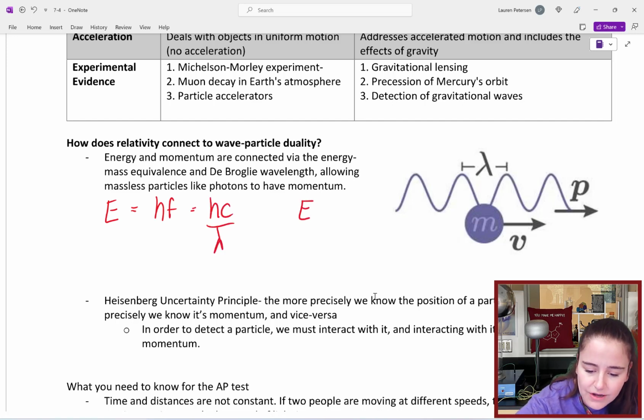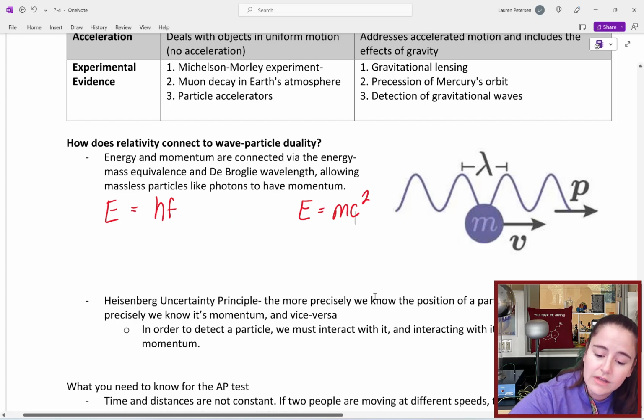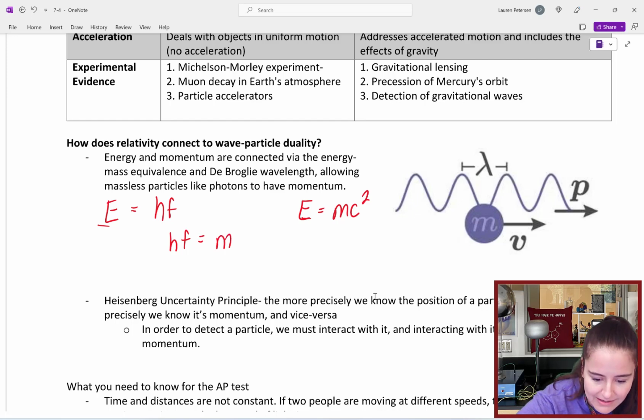And then we also know that energy equals mc squared. So actually, I'm going to use the hf one. If we're looking at this, these energies are the same. It's energy. So it becomes hf equals mc squared.